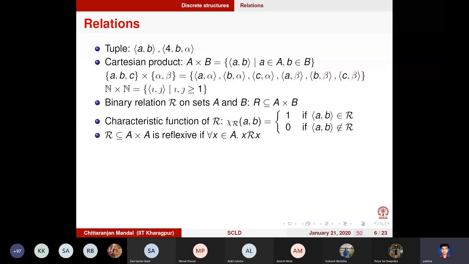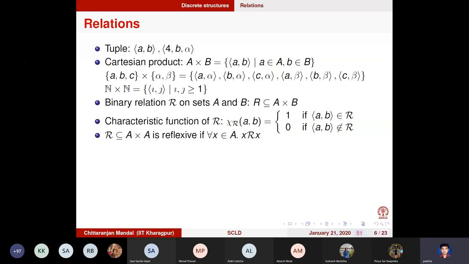Any element of set A is always related to itself. For example, in the divisibility relation, any integer divides itself. So reflexivity holds. If this holds for all X, then we say that particular relation is reflexive.